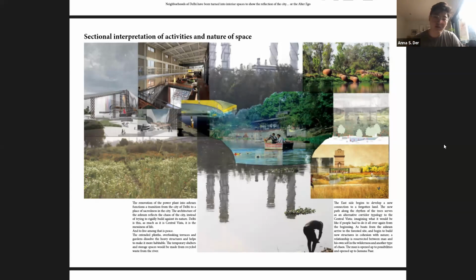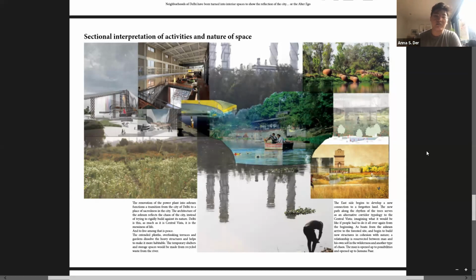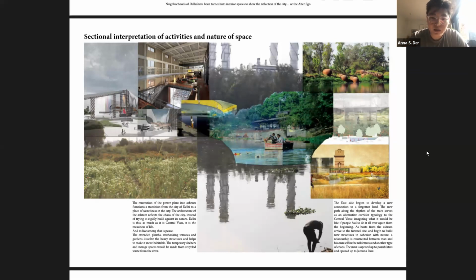And the path that people create by just walking into the forest and going around the trees is another type of path. That's a response to the straight line path. Next page.